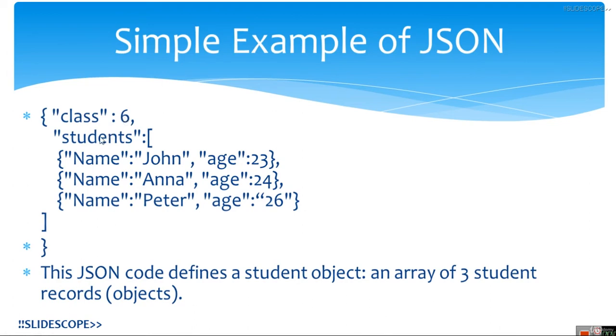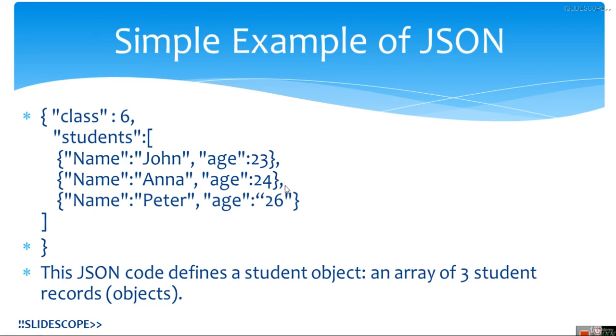Now in the students data you can see there are 3 more dictionaries here. In this first case we have a key value pair. Here the key and value both are string values, and again here the key is a string value and the value is an integer.